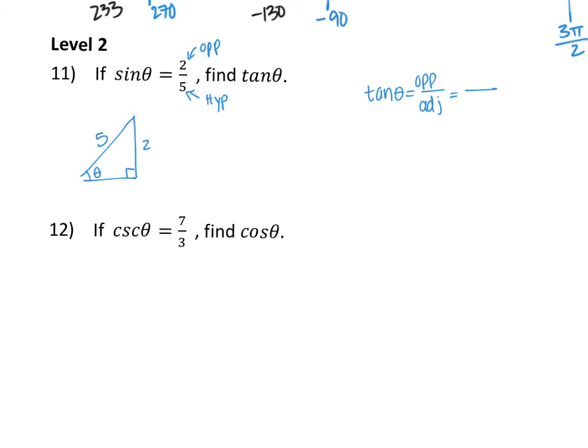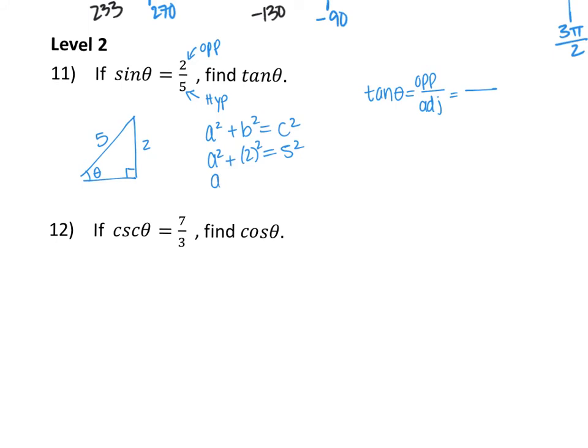In this case, to figure out this side, we could use the Pythagorean theorem, which is originally a squared plus b squared equals c squared. So I can plug in my hypotenuse, which is 5, and I can plug in my 2, and then just solve for the missing variable, which is the adjacent side.